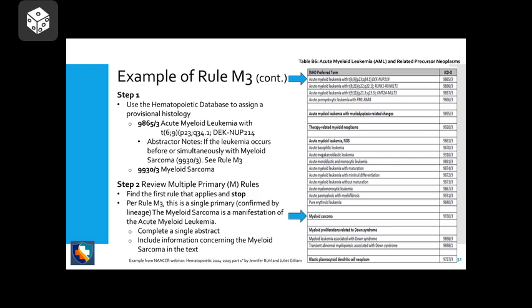Per Rule M3, this is a single primary, confirmed by lineage on Table B6. The myeloid sarcoma is a manifestation of acute myeloid leukemia. Complete a single abstract. Include information concerning the myeloid sarcoma in your text.